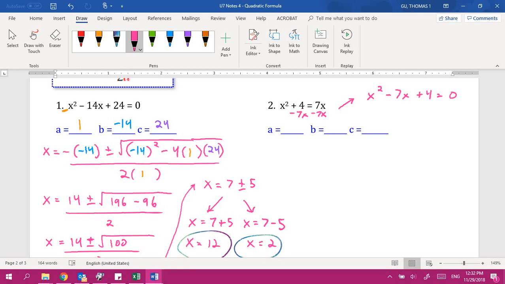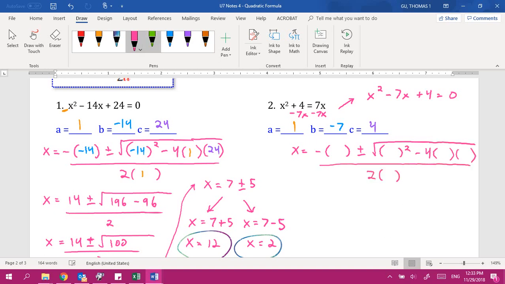Okay, so now that we have everything in the right order, what is my A? 1. What's B? And what is C? 4. Very good. Okay, so now we're going to set up the equation. X equals negative B plus or minus the square root of, B squared minus 4 times A times C, all over 2A.